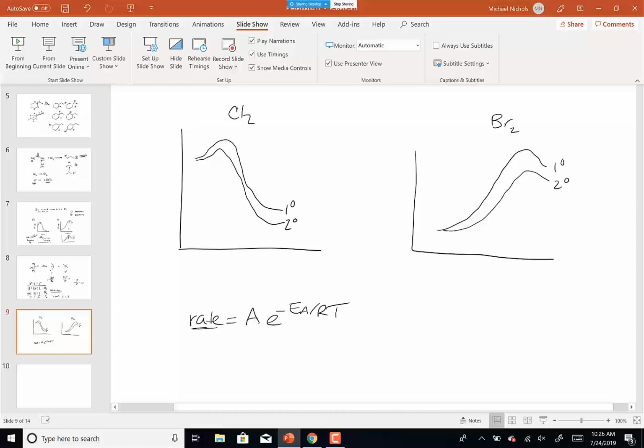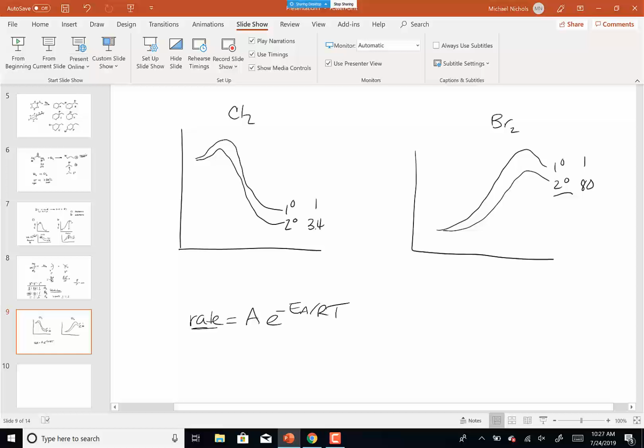Why do you form a secondary radical 80 times faster than a primary, but down here you only form it 3.11 times faster with chlorination? Well, what the 3.4 to 1 means is that the relative rate of forming a secondary radical is smaller.